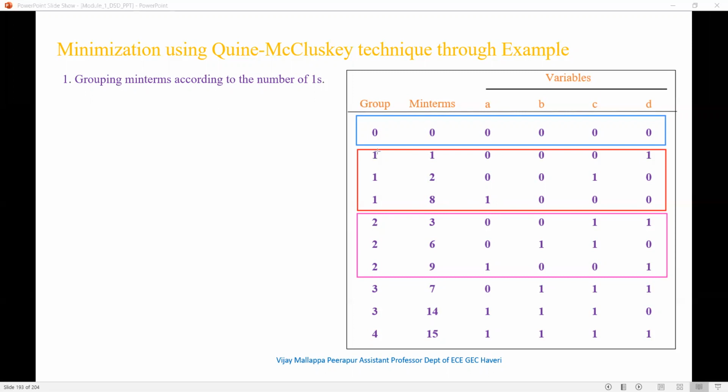And similarly, 7 and 14 have three ones, so they belong to group 3, and 15 has four ones, so it belongs to group 4. The first step is grouping the min terms according to the number of ones they contain. That is the first step you need to do. Once you do that, next what do you do?